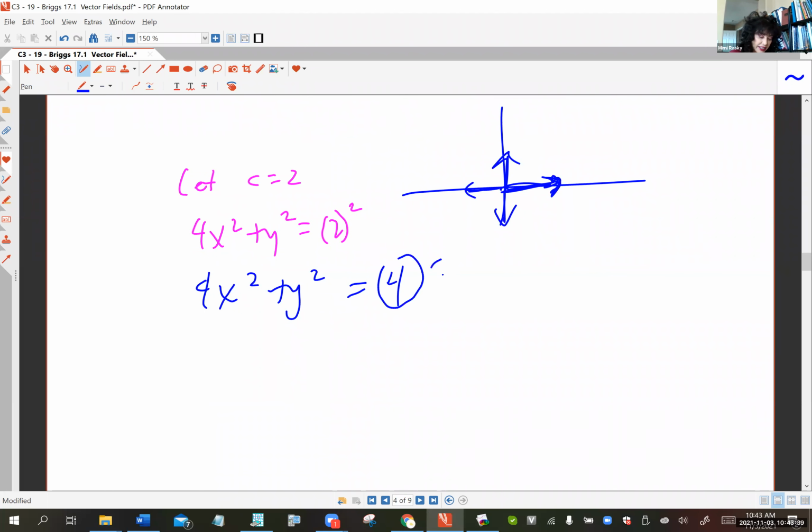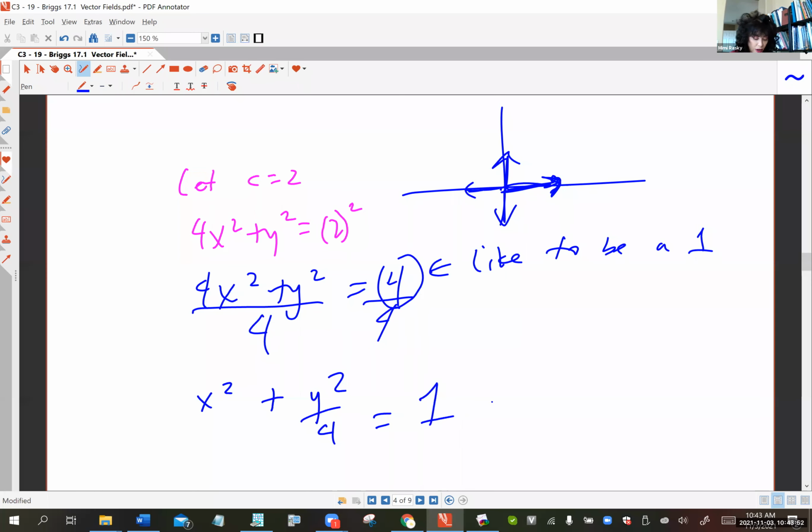Now, we like this to be a 1 when we're comparing this to the standard format for an ellipse centered at the origin. So how about if I divide both sides of the equation by 4, and then that will get me a 1 over there. Oh, cool.